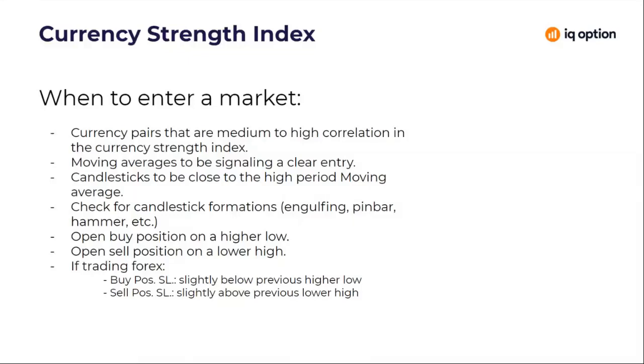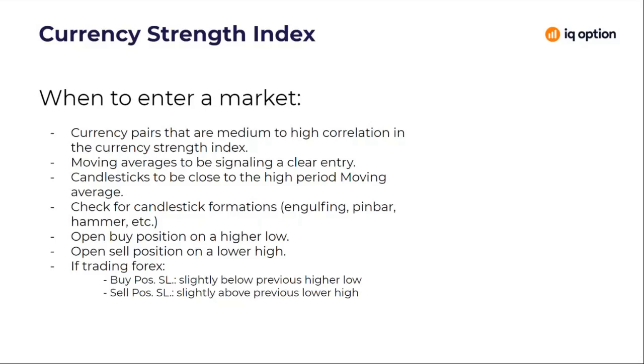Now, to basically summarize these three topics and put it all down to a single question: when to enter a market. These few bullet points are what I look into when observing and analyzing a market. So the currency pairs that are medium to high correlation in the currency strength index should be taken into consideration.